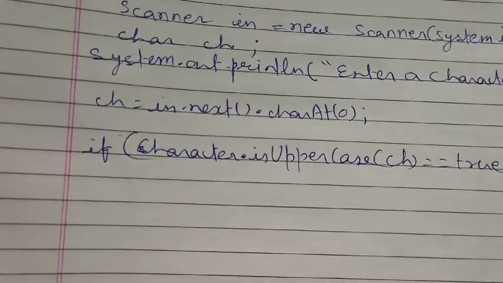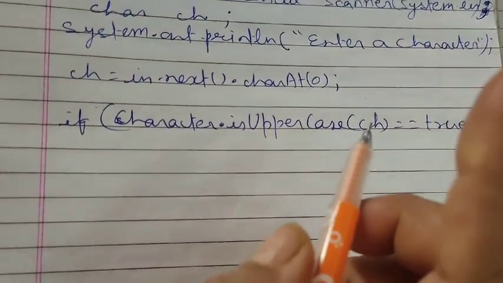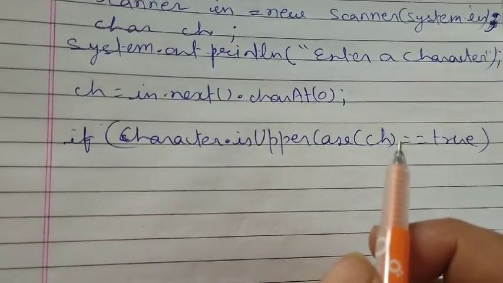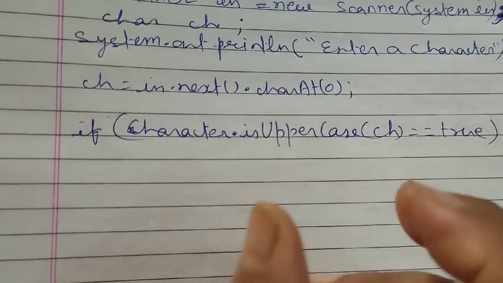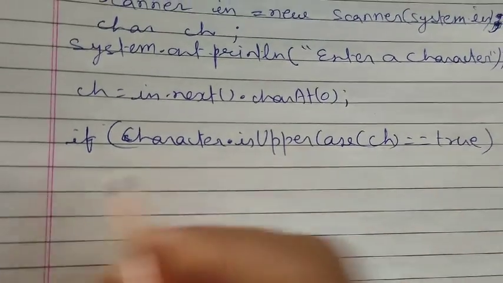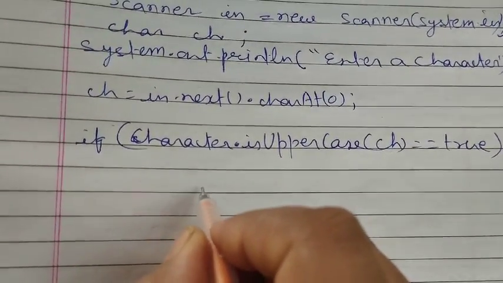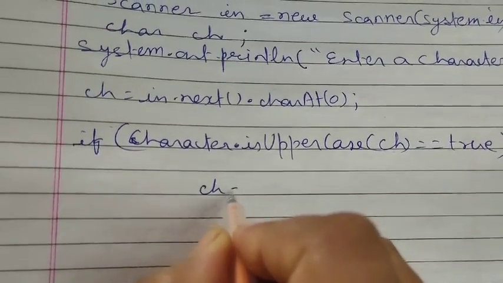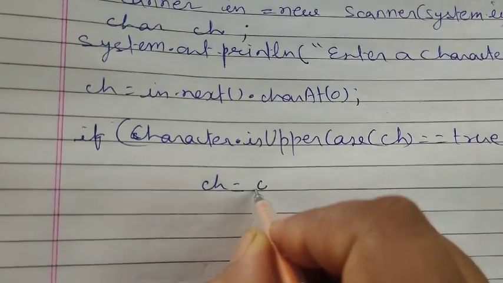If it is true, then I am going to print the value after adding 5 to the ASCII value of the character.